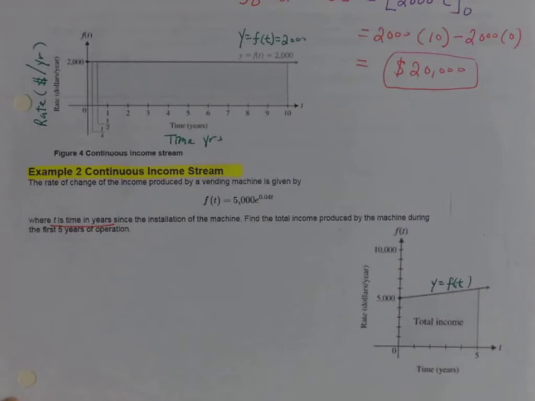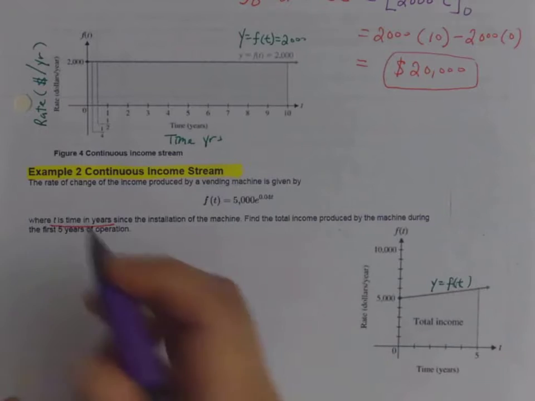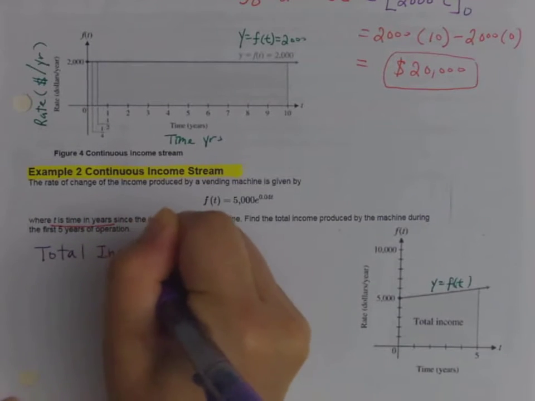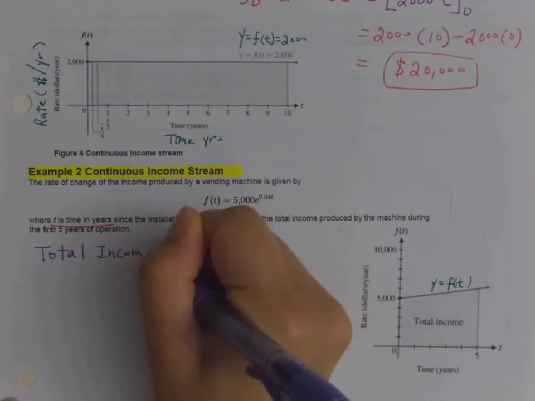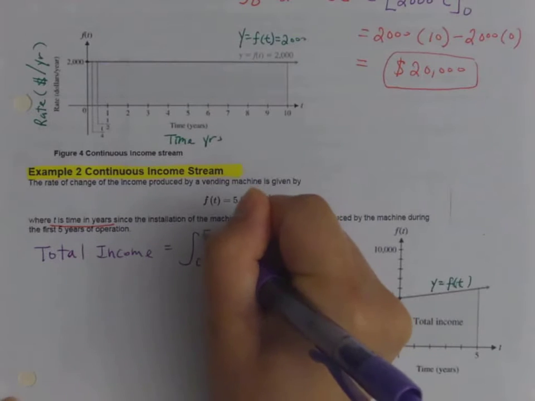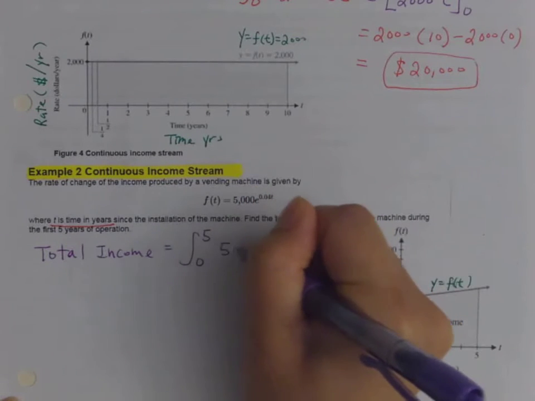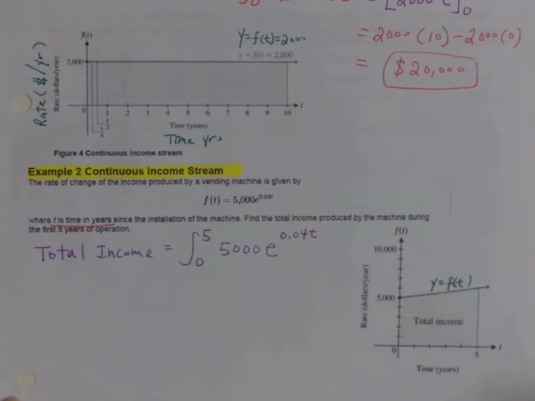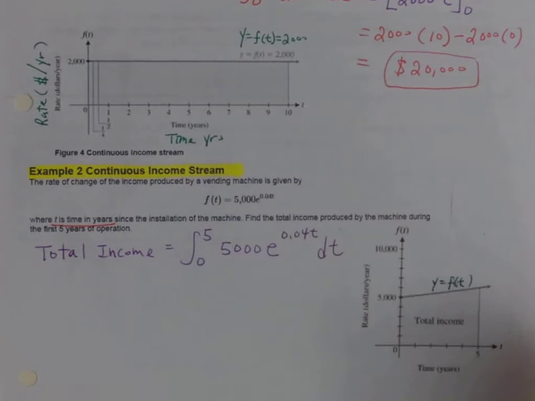So the total income is going to be the integral from 0 years to 5 years of this function, with e to the 0.04t dt.